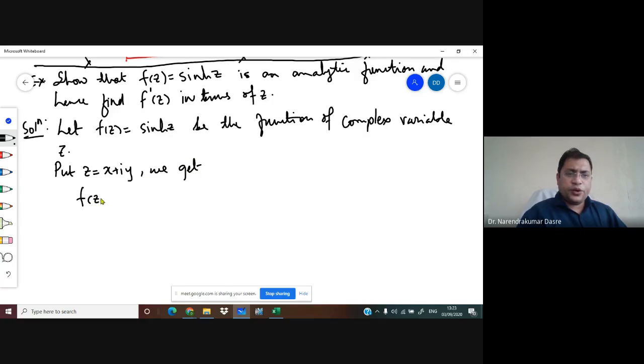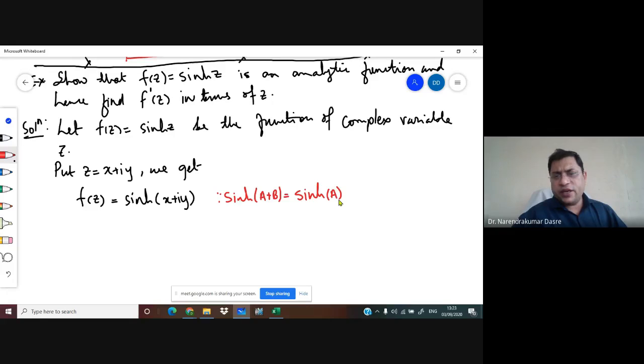We get f of z is equal to hyperbolic sine of x plus iy. What we know is hyperbolic sine of a plus b is equal to hyperbolic sine of a into hyperbolic cos of b plus hyperbolic cos of a into hyperbolic sine of b.